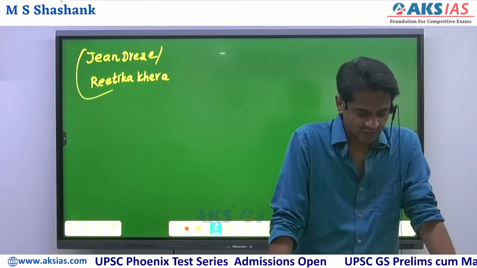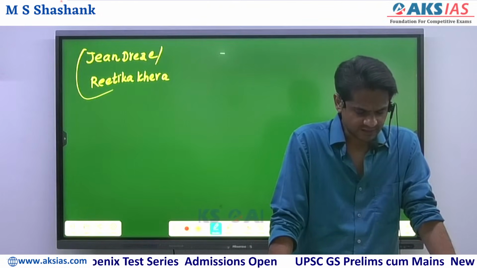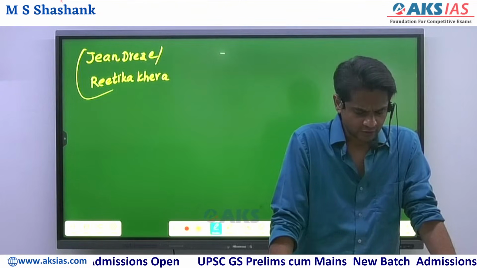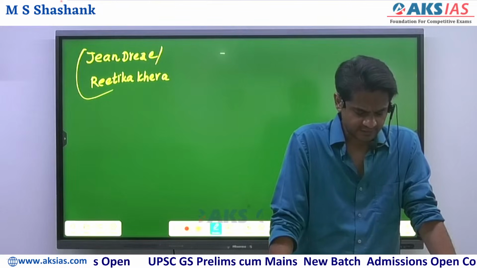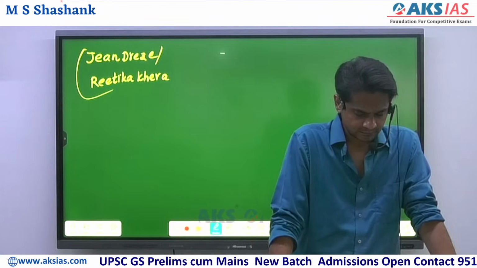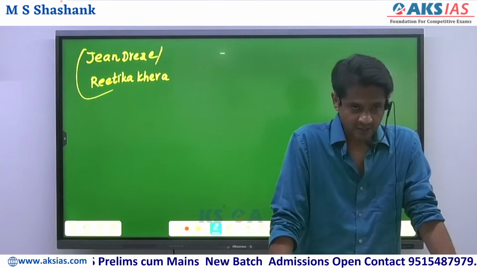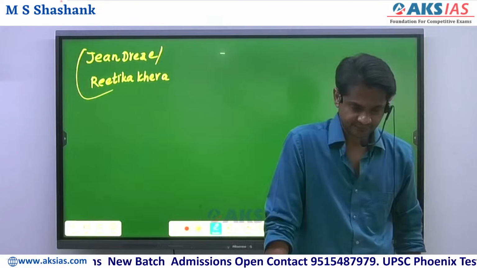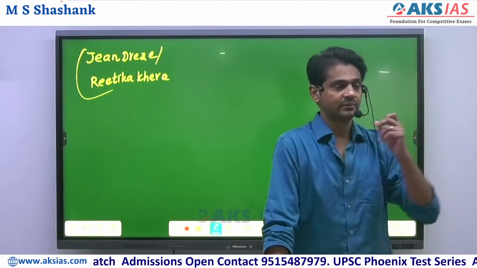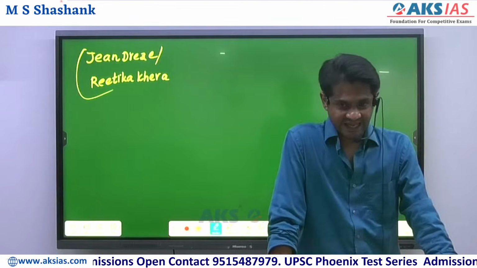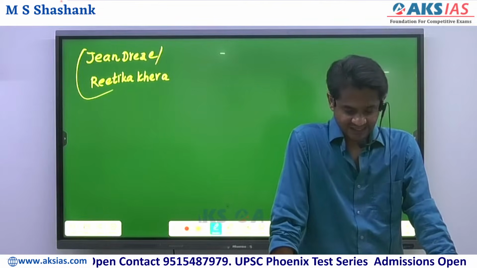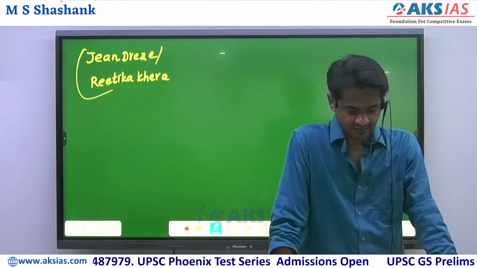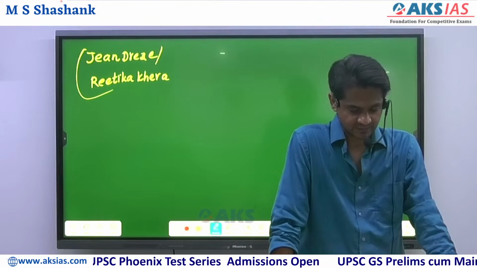Then economists such as Ashok Gulati have argued for rationalizing food subsidy, reforming FCI, reducing leakages, and improving delivery efficiency.